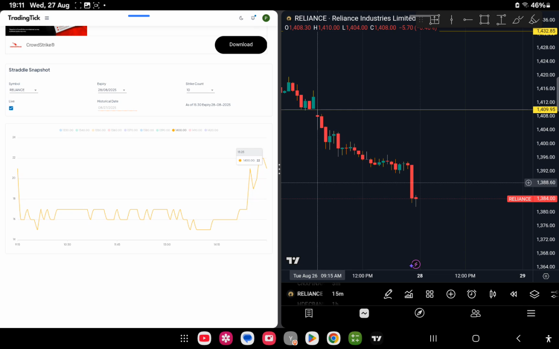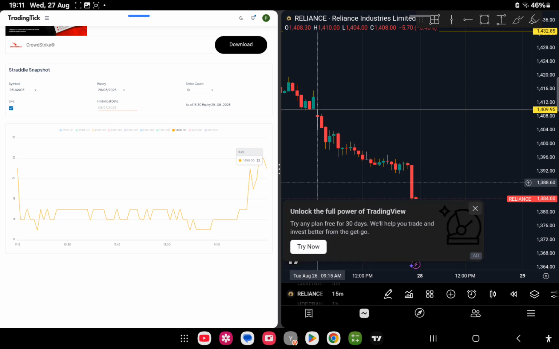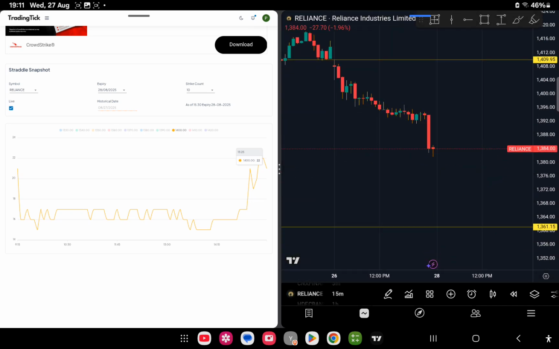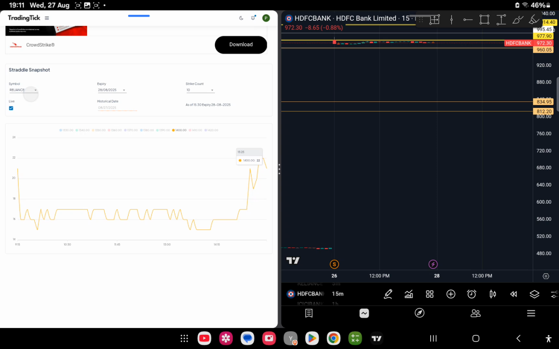And because we are entering into the monthly expiry, the last week of the monthly expiry, the decay will be very fast. That's why despite of this price action, you could see that the straddle was favorable to sellers, not for buyers. Okay, now we'll go to HDFC Bank.